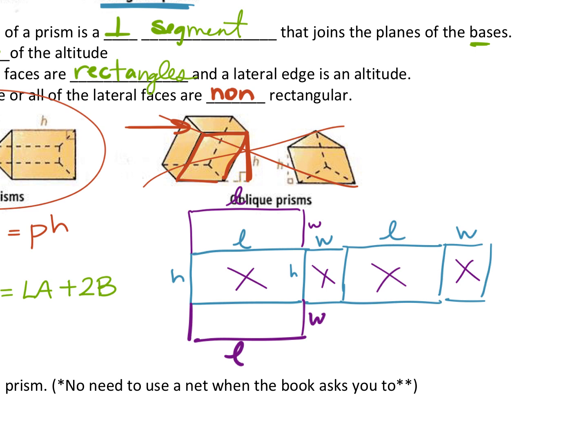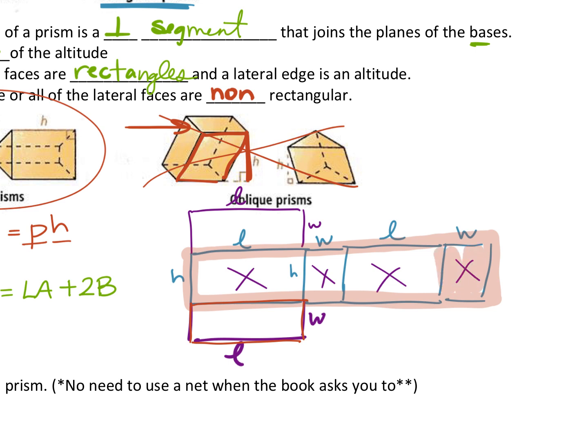Okay, here's what I want you to see. The formula is P times H. That's the perimeter of the base. Now think about this. The perimeter of the base is W plus L plus W plus L. Do you see W plus L plus W plus L anywhere else? Look right here. The length of the rectangle. If I look at this as one big rectangle, the length of that rectangle is the perimeter of the base.